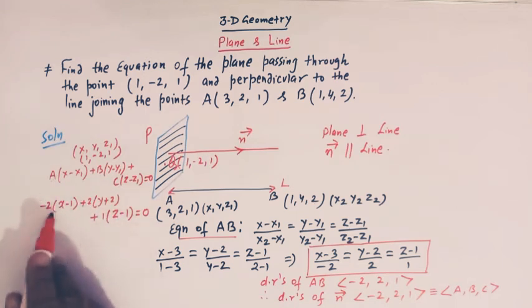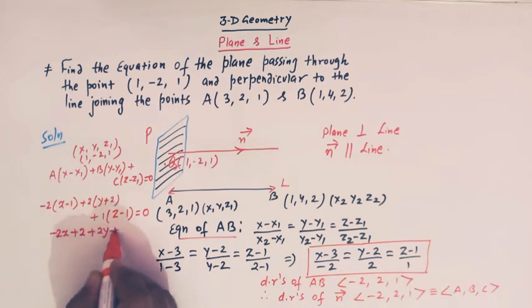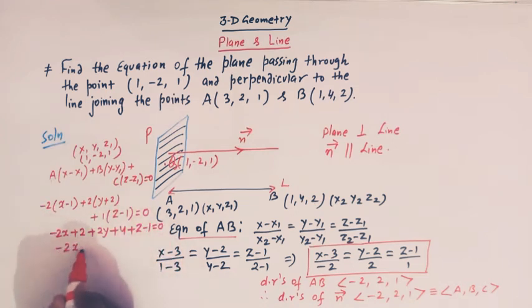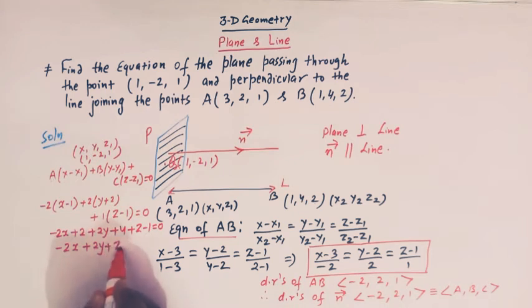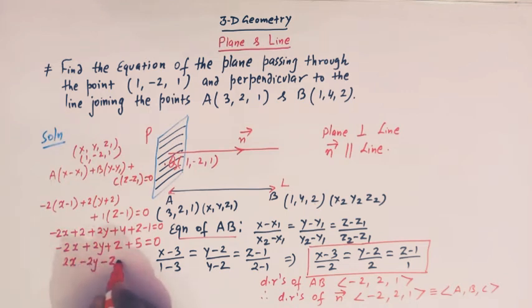Now we can simplify it, so we have -2x plus 2 plus 2y plus 4 plus z minus 1 equal to 0, and this is -2x plus 2y plus z, and 4 plus 2 is 6, minus 1, that is 5. And if we multiply throughout by -1, we can write 2x minus 2y minus z minus 5 equal to 0. So this is the Cartesian equation of this plane P.